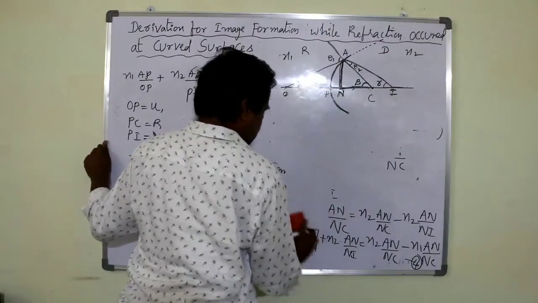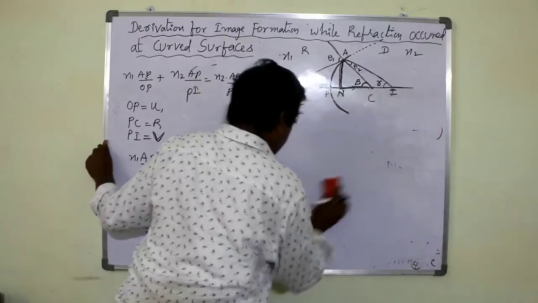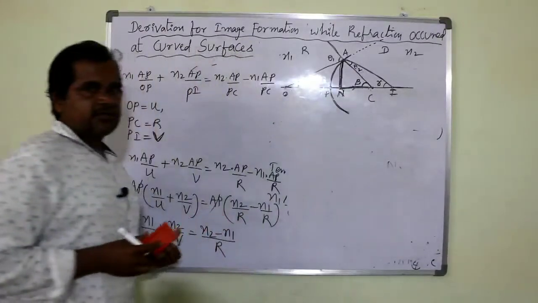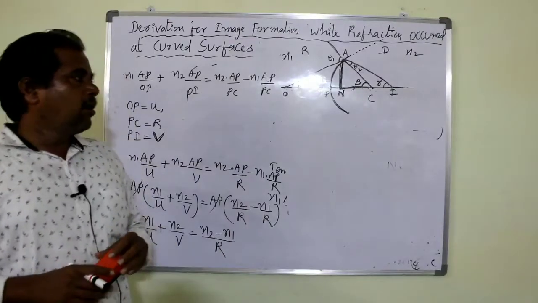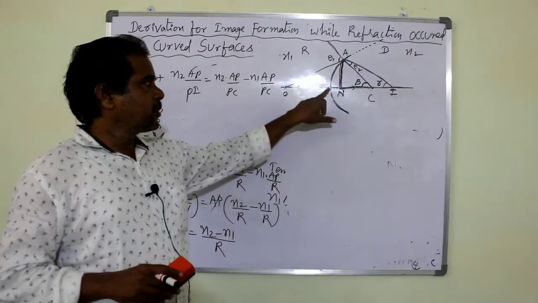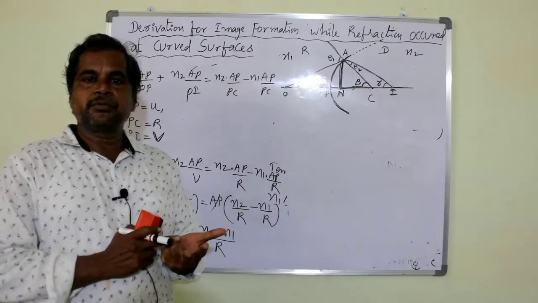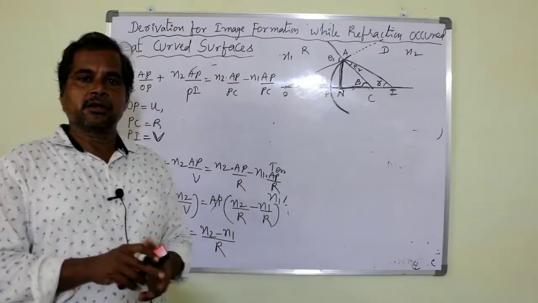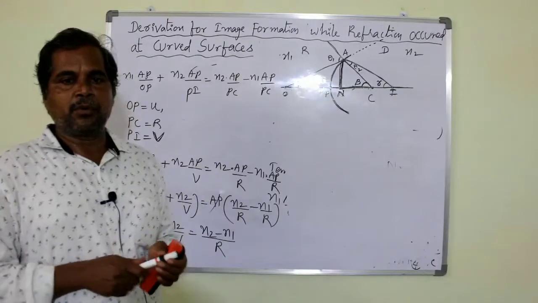What are the sign conventions? We have three sign conventions. One is that all distances should be measured from the pole, either distance of the object, distance of the image, or radius of curvature.